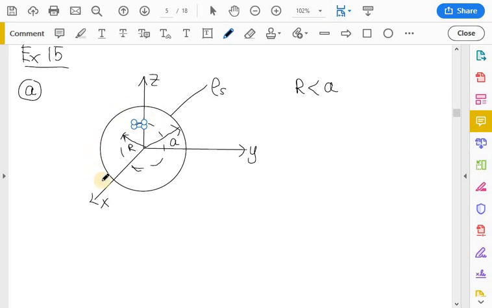The question says that there is a surface with ρS. It means the ρS is positive, right? They didn't give you any value, so we assume here there are positive charges. What will be the direction of the flux coming out from the surface?